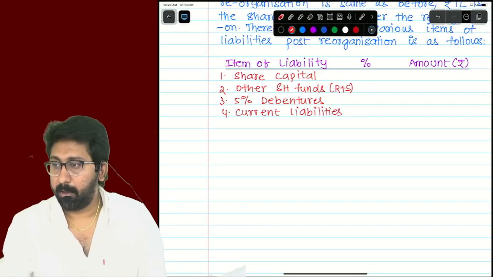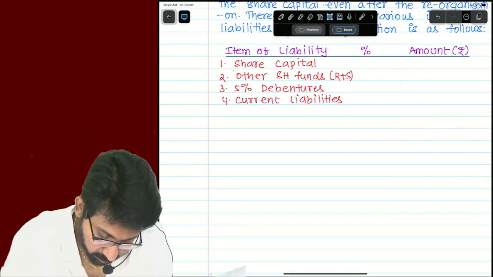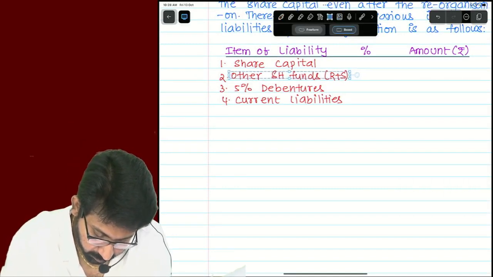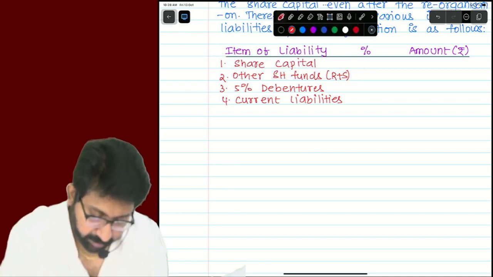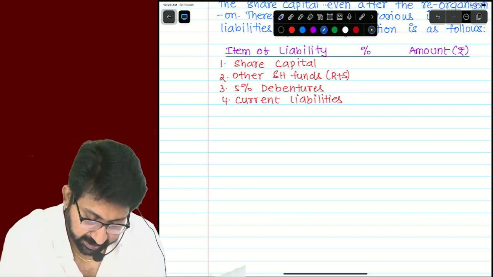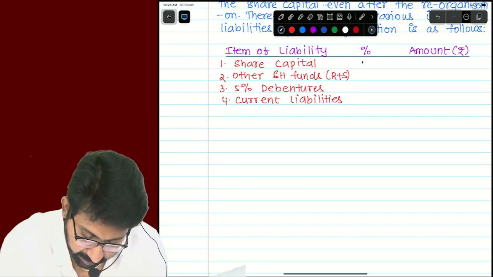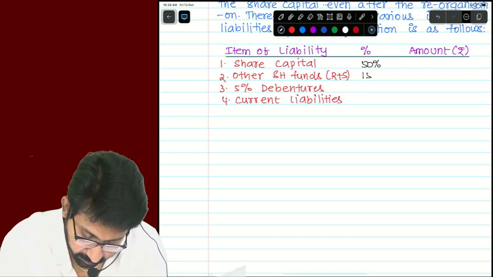Please tell me one by one the values. Before going into that, how much is the percentage value of the share capital? Next, other shareholders' funds, 15%.